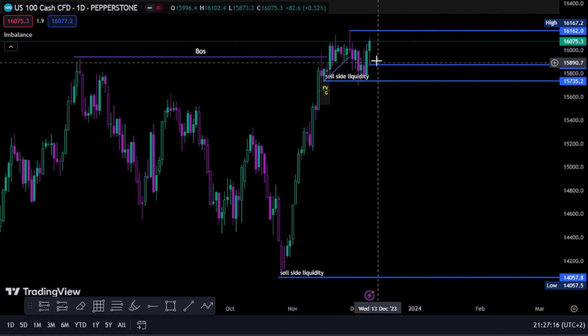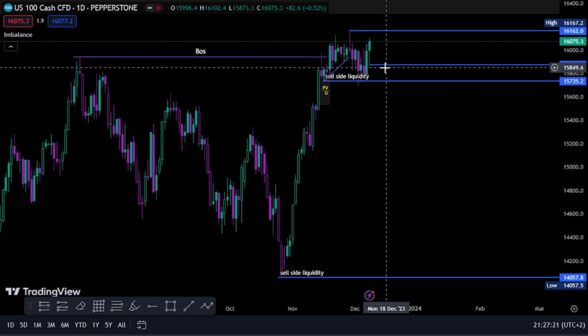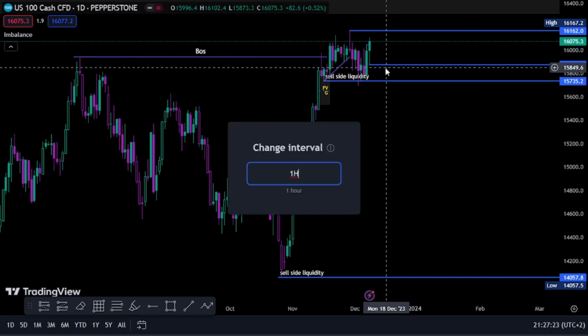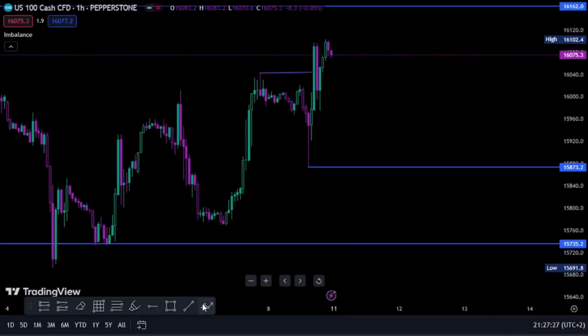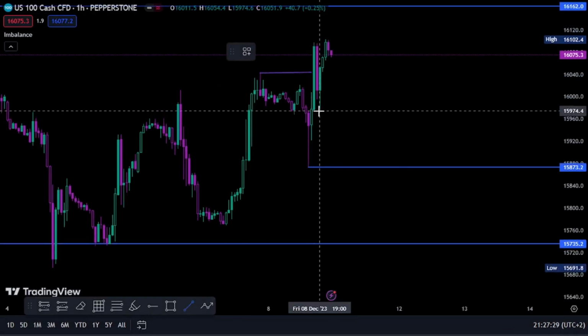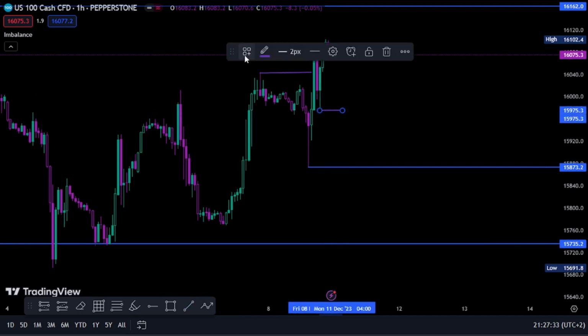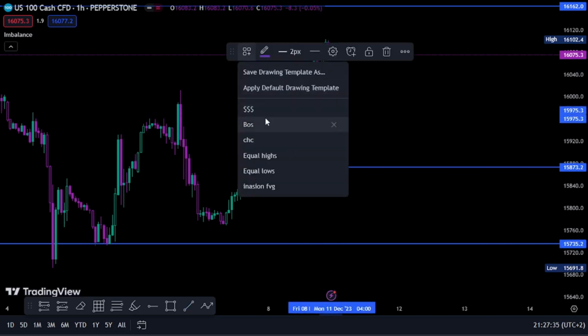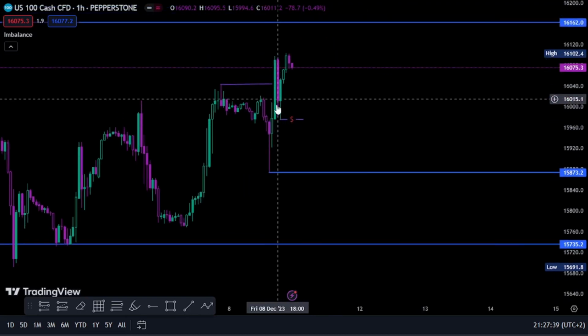But I believe that the market will push up. So we will be looking for buys, because on 1 hour, this is liquidity. The reason is that this is not a pullback.